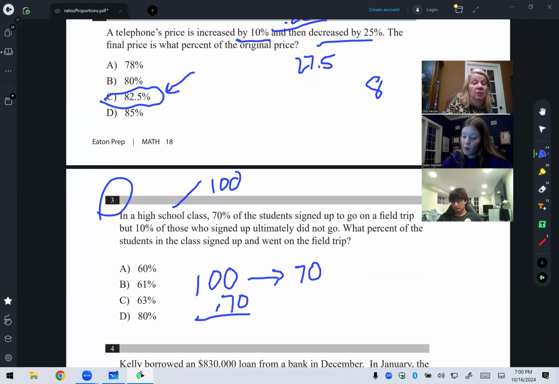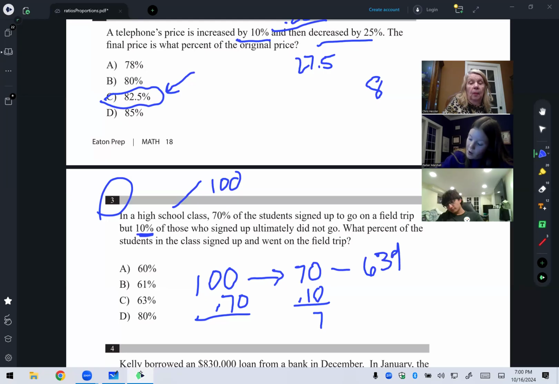But then on the day of the field trip, 10% are sick and they don't go. So we take 7 off of 70, and then we get our answer. It was actually 63%.